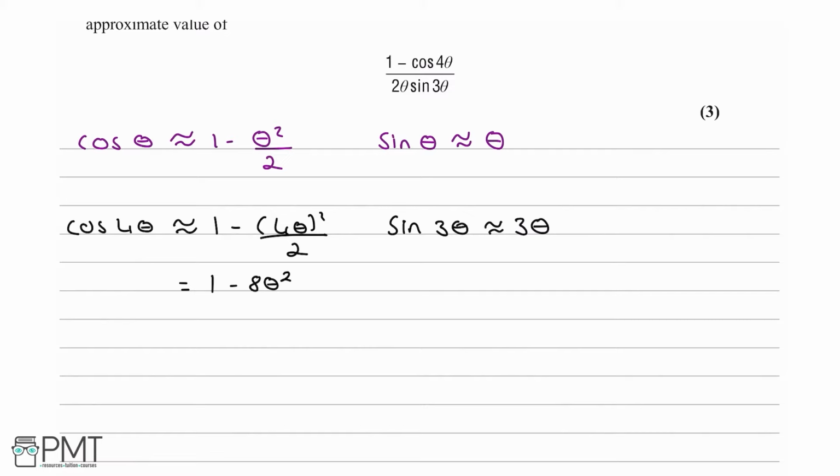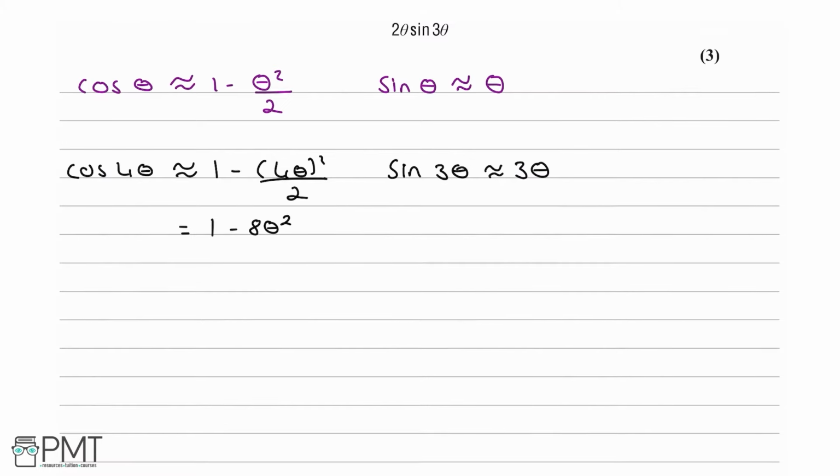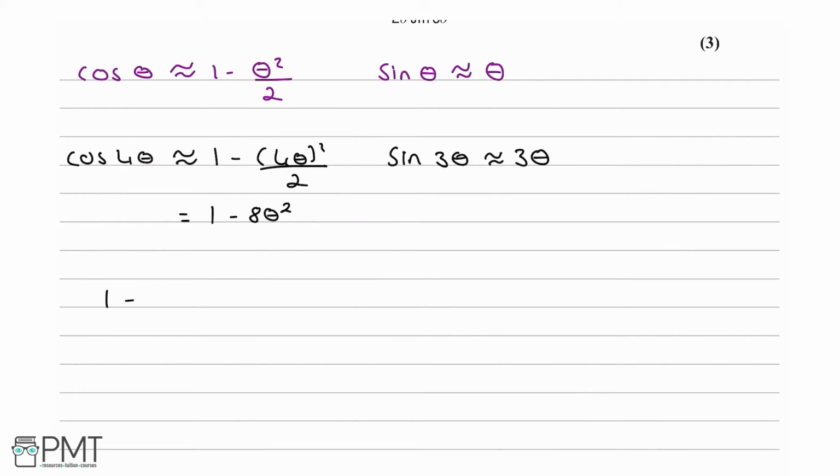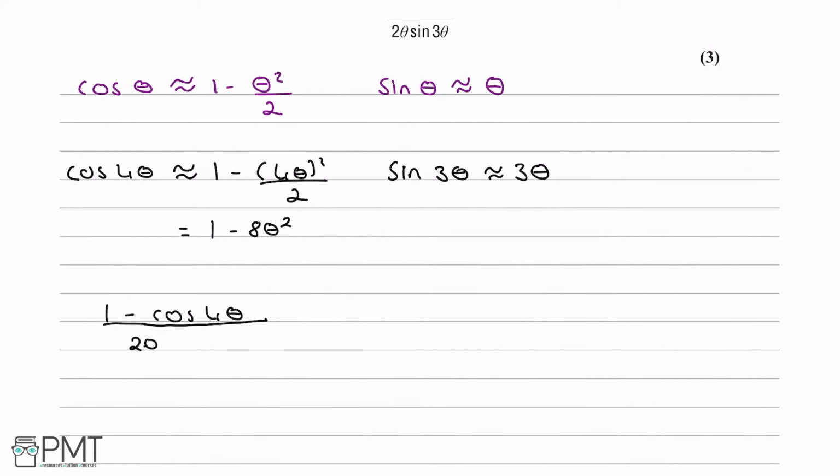Right? So if we just put this all back into our expression, we have (1 minus cosine 4 theta) over (2 theta sine 3 theta) equals, well, what is cosine 4 theta?